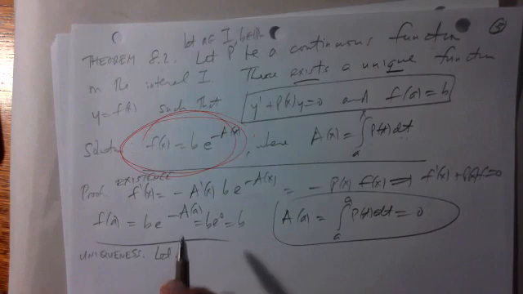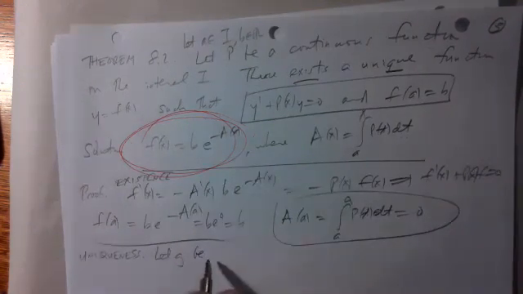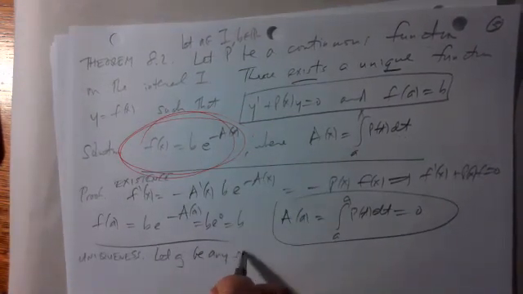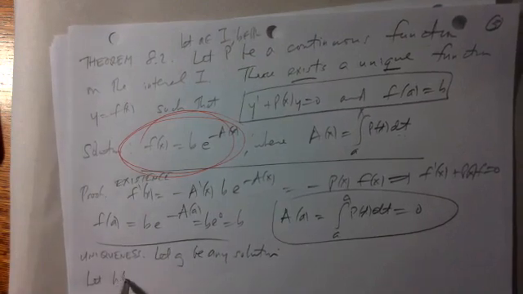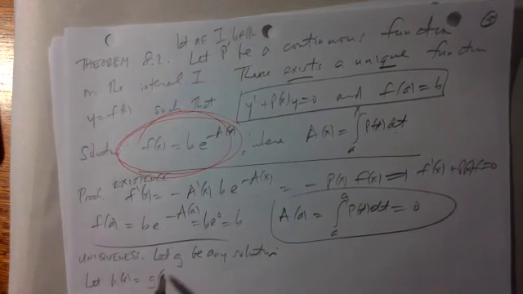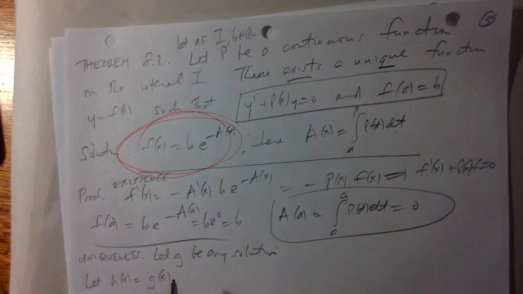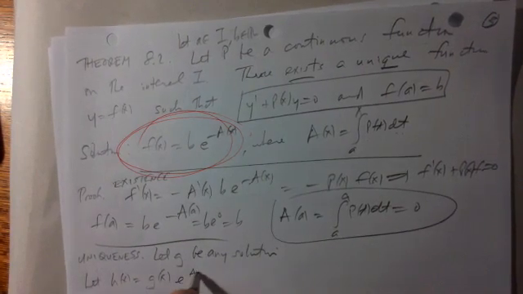Well, let g be any other solution of the differential equation with the initial condition. And consider the function h of x equal g of x e to the A of x.